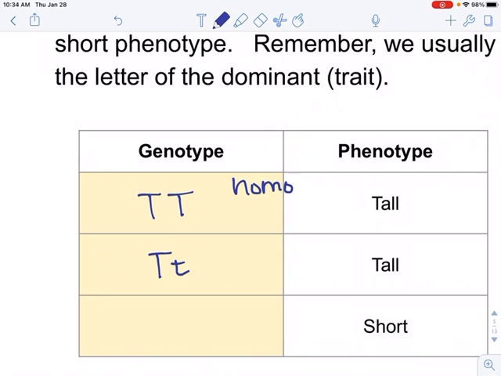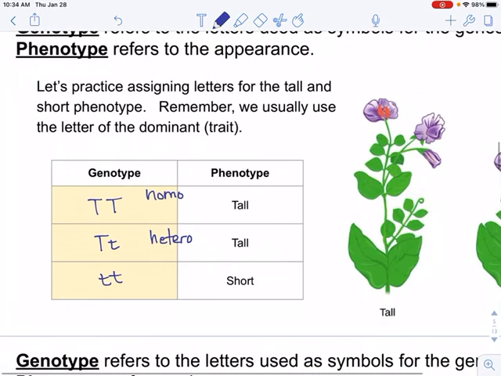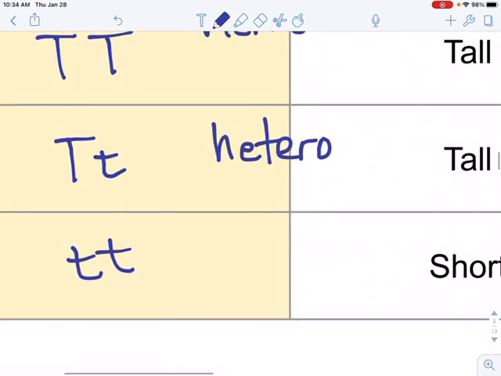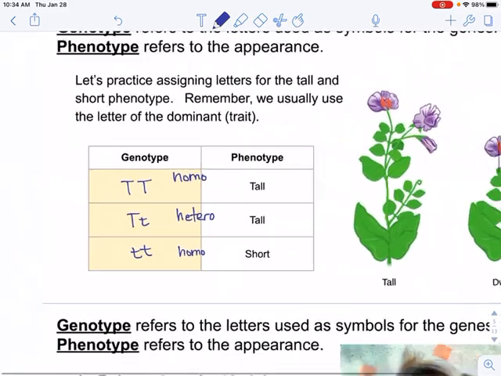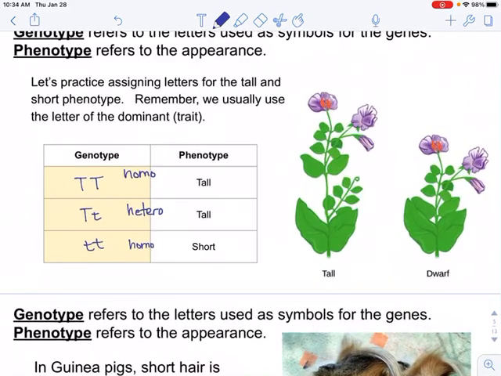That one dominant allele is enough to hide the recessive, so it would still look tall, and we would call this the heterozygous genotype. If there were no tall alleles present, only short alleles, then the individual would take on the short trait, and we could still call this a homozygous genotype because the two alleles are the same.